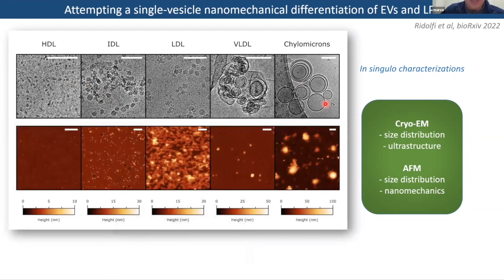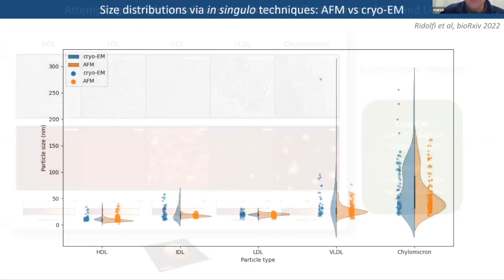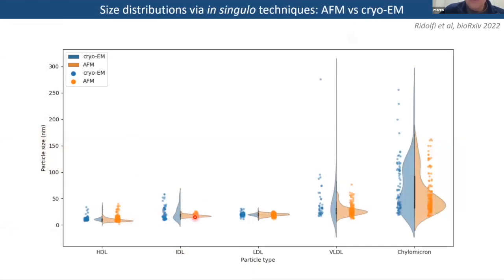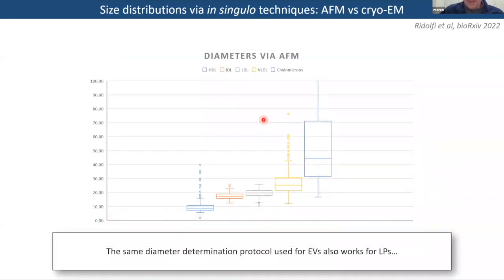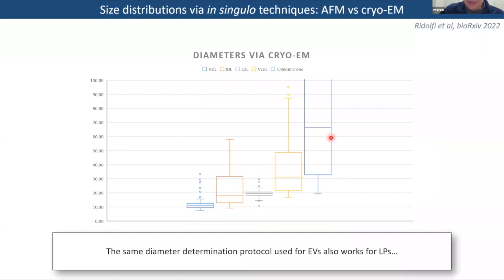Then you do the same with AFM using the same procedures I outlined before. And what you end up with is this. So you get almost overlapping distributions of sizes from both cryo-EM and AFM. This is a zoom of the most interesting part, and as you can see, they are very similar.